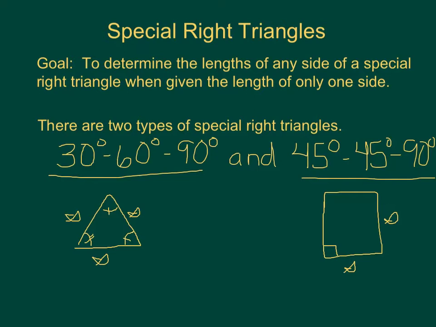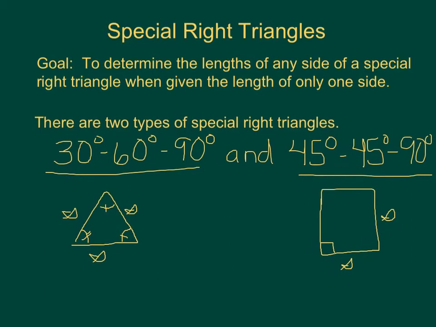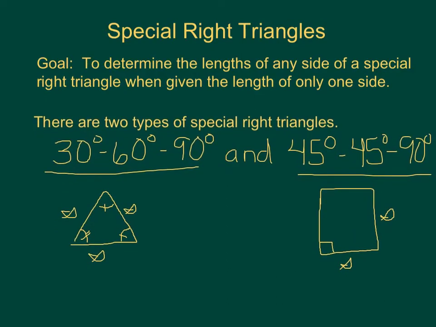So, for example, to prove our method for our 30, 60, 90 degree right triangle, we take an equilateral triangle that has three equal sides, and we cut it in half.